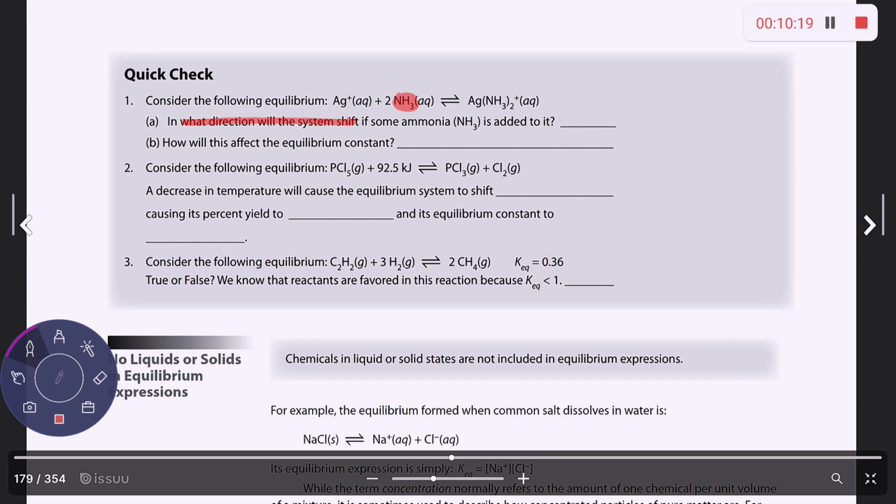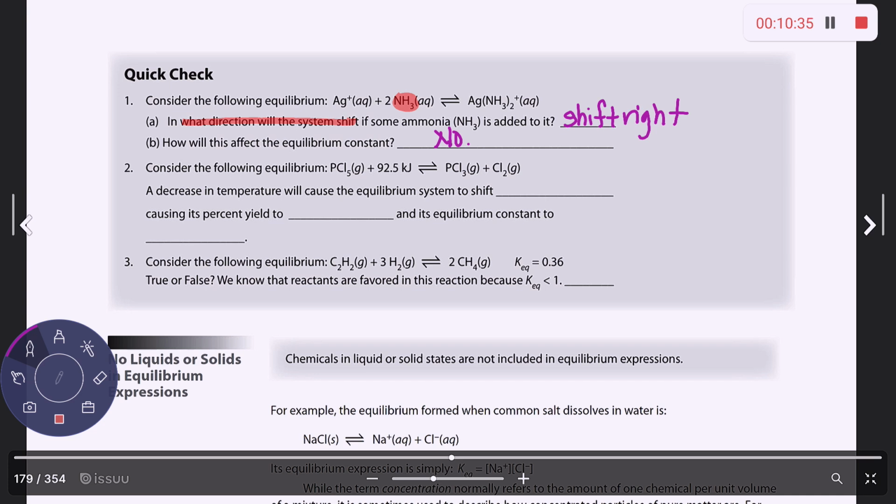Anytime you add something, you shift away from it. Okay, so we'll shift right. Will this affect the equilibrium constant? Think carefully about that. No, why not?